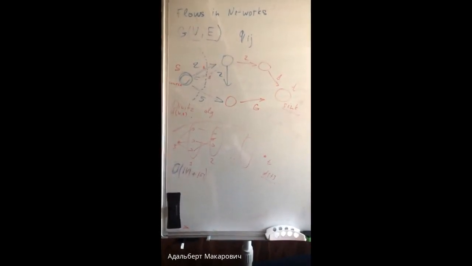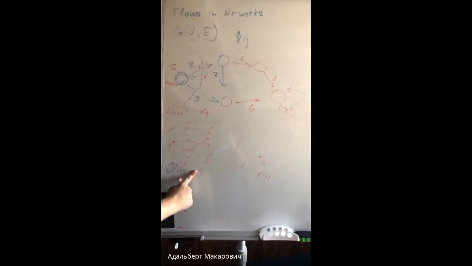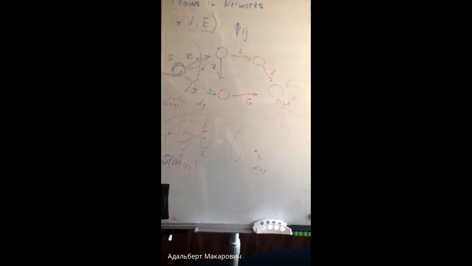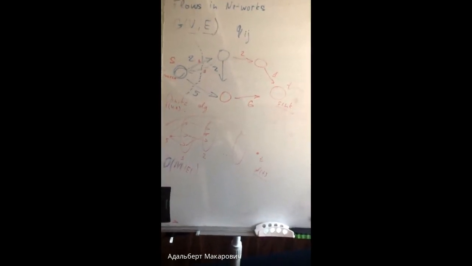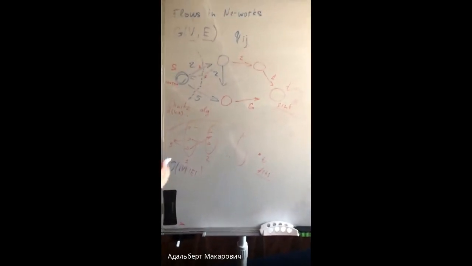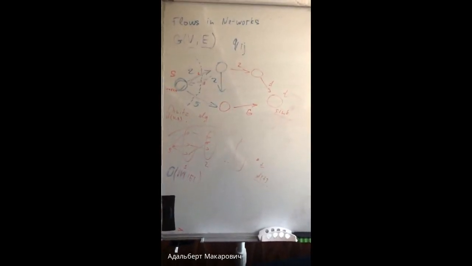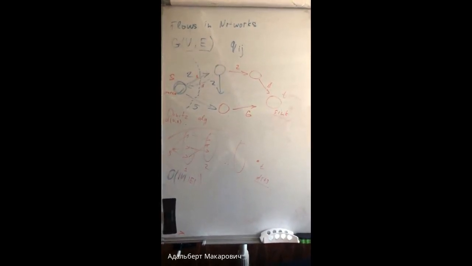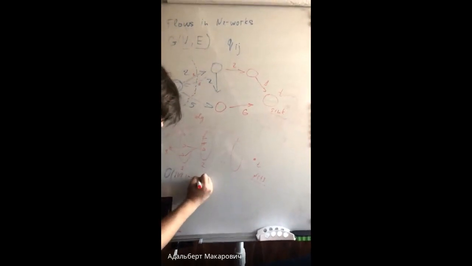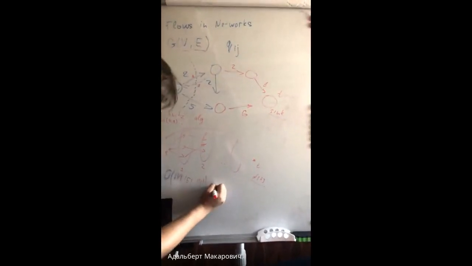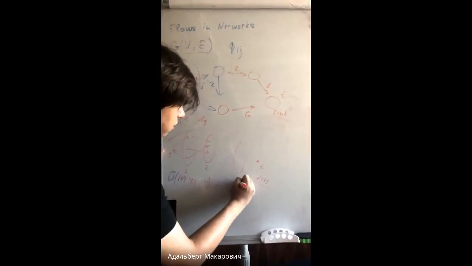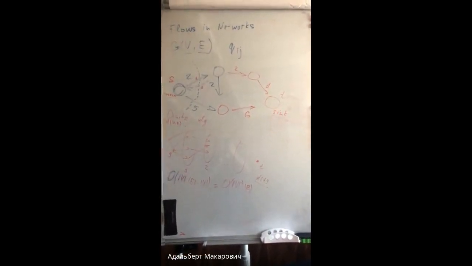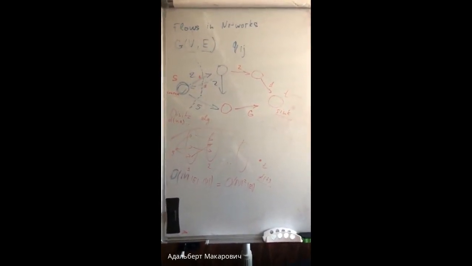Each edge should be saturated not more than V times, so each step will work in V multiplied by E. And we won't have more than V steps, because after each step the distance between S and T is increased, and it cannot be more than V. So we'll have at most V iterations of Dinic's algorithm, and that leads to a complexity of V squared multiplied by E. So that's it for these optimizations.